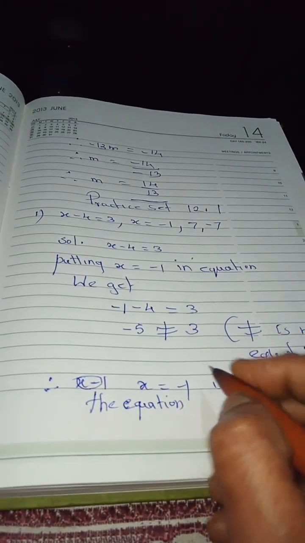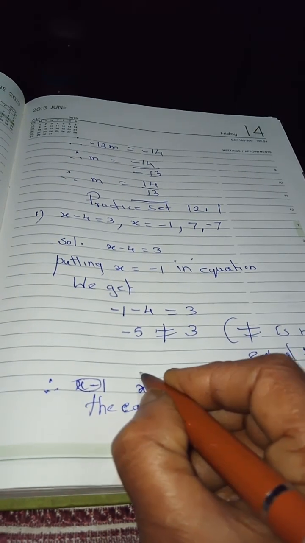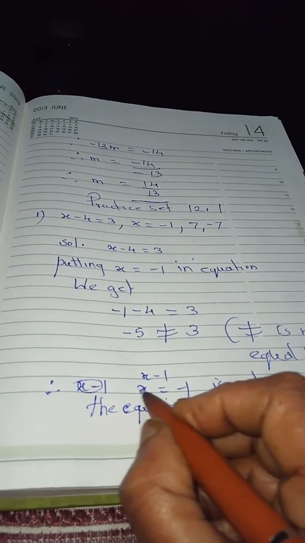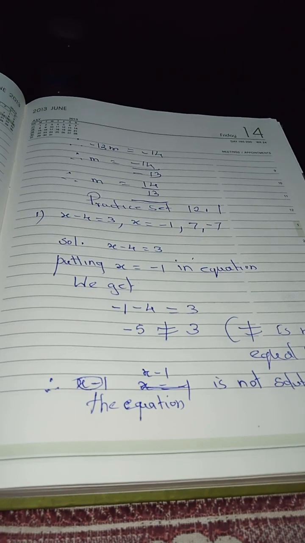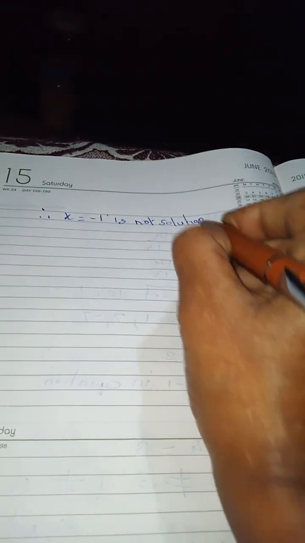Here I'll write it nicely. X is equal to minus 1 is not a solution of the equation.